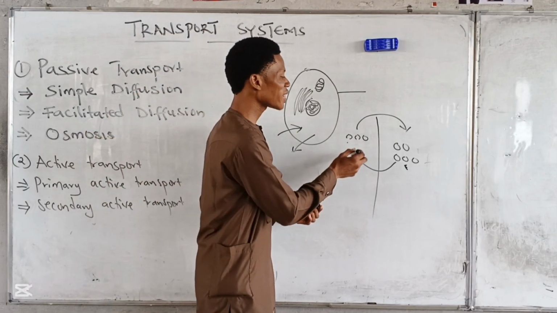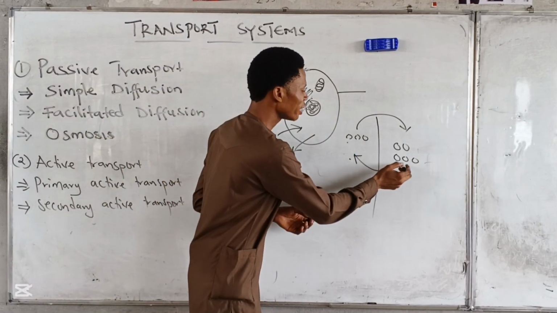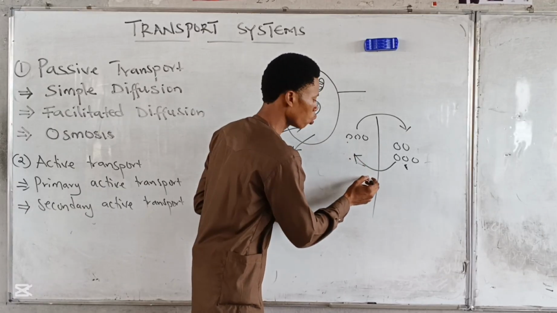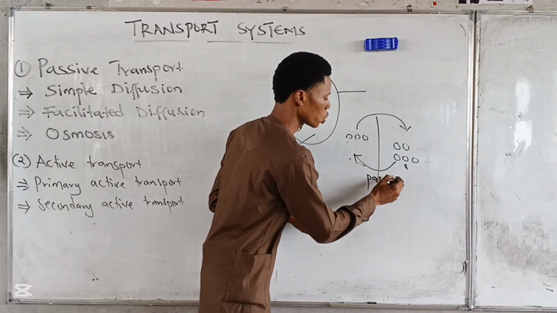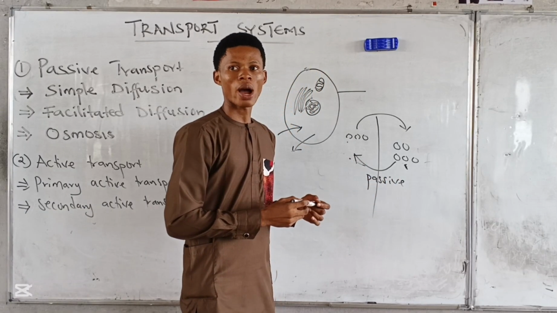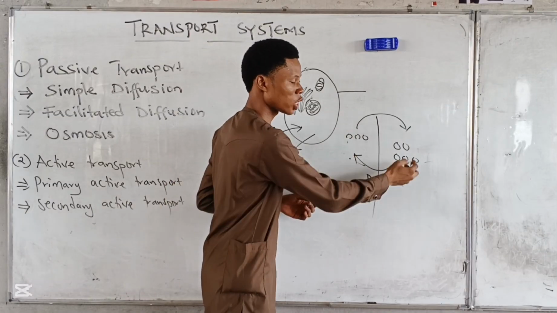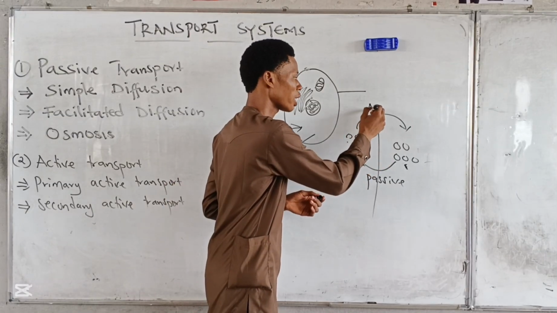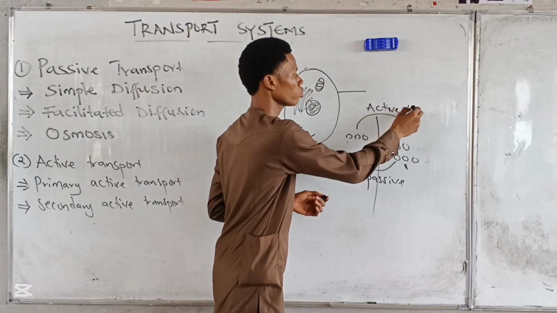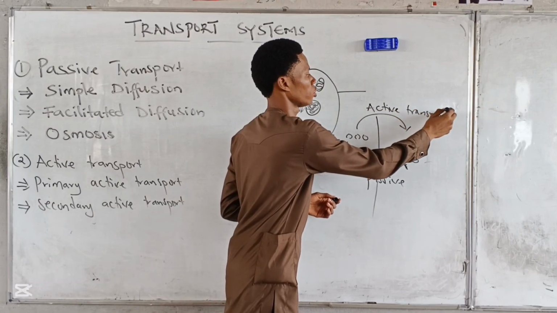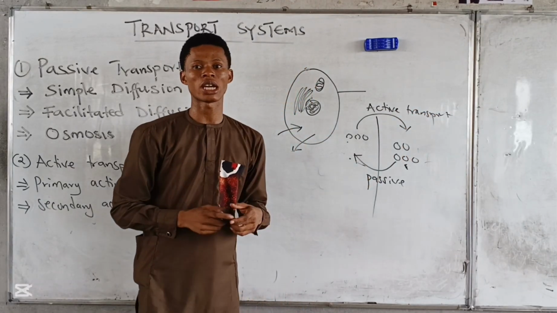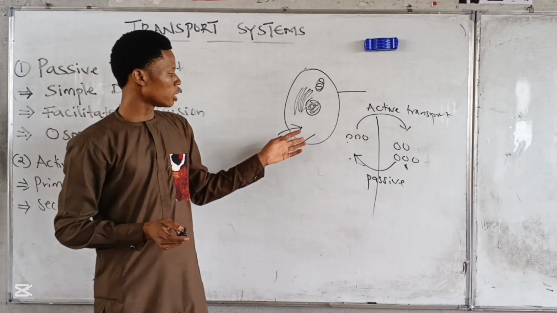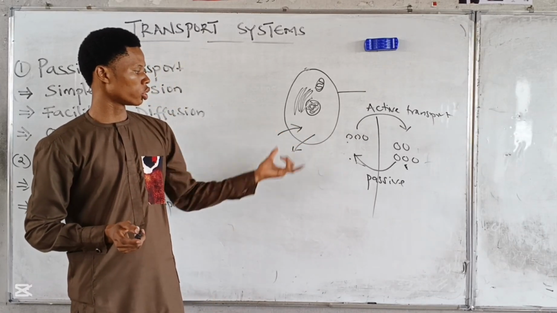Yes. So this type of transport where energy is not needed is called what? Passive transport. While the type of transport that requires expenditure of energy is called what? Active transport. So those are the two types of transport we can have in the system, and it depends on the concentration gradient.